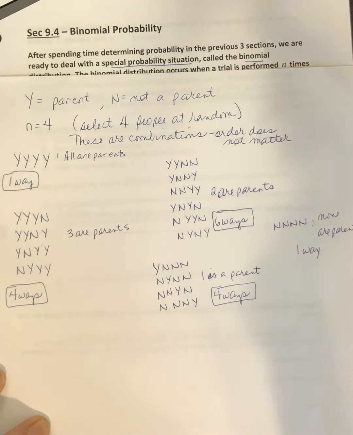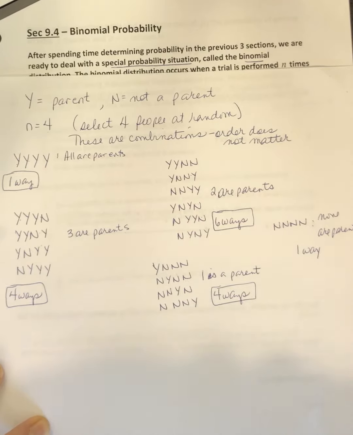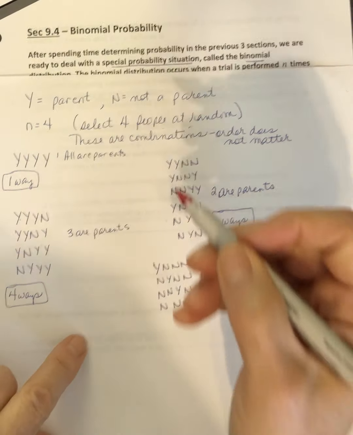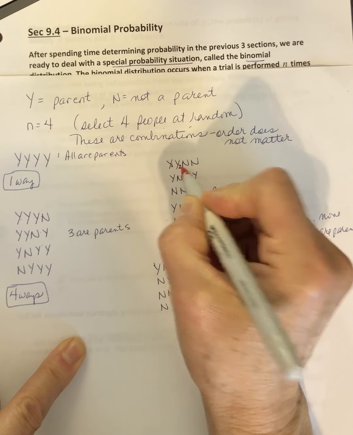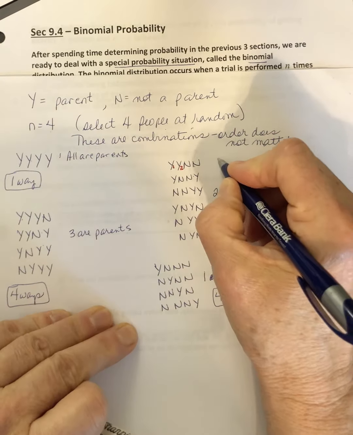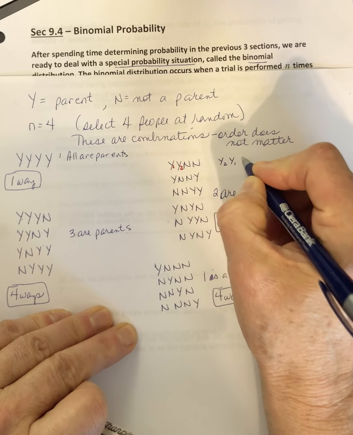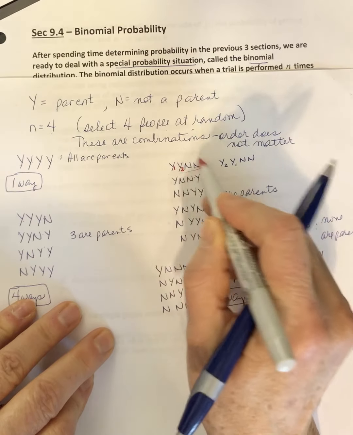So when I first started looking at this, I thought it was a permutation because it looked like order mattered. But really, order doesn't matter, because this is an individual and this is an individual. So if those individuals got switched, order doesn't matter.